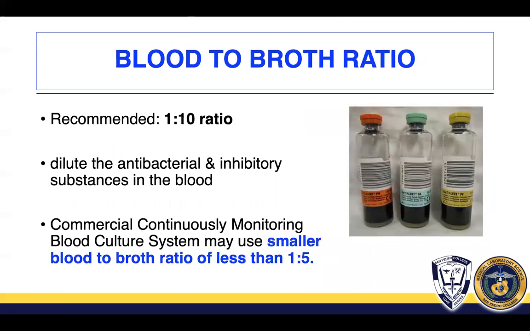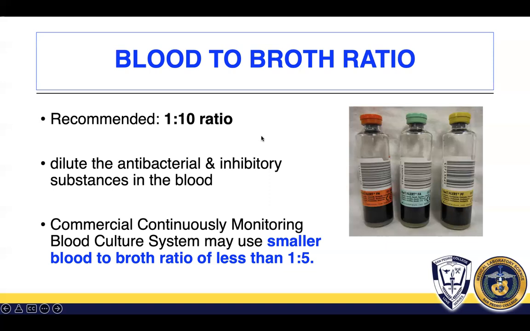Next, blood to broth ratio. Usually the recommended ratio is about 1:10, so 1:10 for most blood culture bottles. We dilute the antimicrobial and inhibitory substances in the blood with the culture media or the broth.